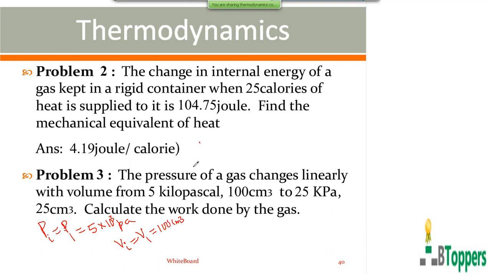And you must be knowing the conversion. 1 centimeter equals 10 power minus 2 meter. So if you cube both sides, you are supposed to remember the conversion, 1 cubic centimeter you can write as 10 power minus 6 cubic meter.